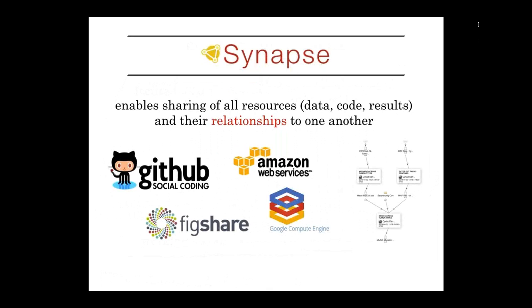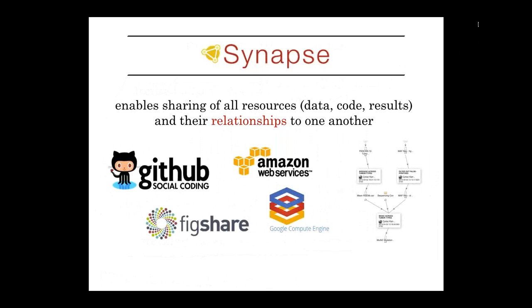So importantly, there are lots of very, very good tools and technologies out there. We're not trying to reinvent a lot of them. We're trying to build layers on top of them that make them more useful and integrate them. So, for instance, GitHub is a great code versioning and social platform.